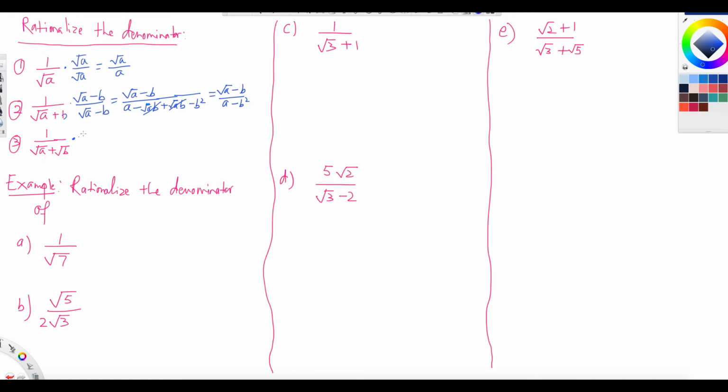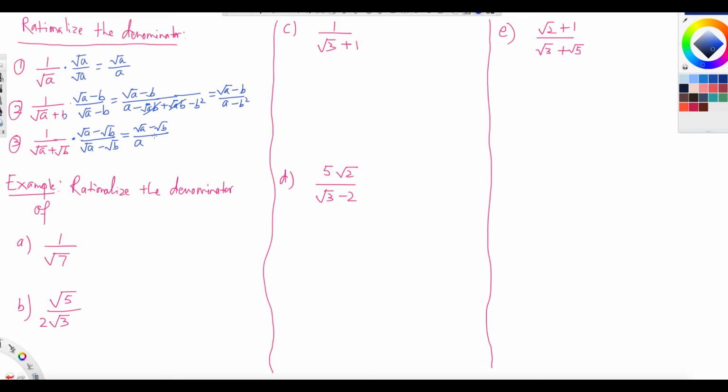So for root a plus root b, what you multiply and divide by is root a minus root b, right? You multiply and divide by the same quantity, but the sign changes in the middle, and you need to have the same thing in the top and bottom. So exactly the same idea. Multiply 1 times that is root a minus root b, divided by, you FOIL it, root a times root a is a, right?